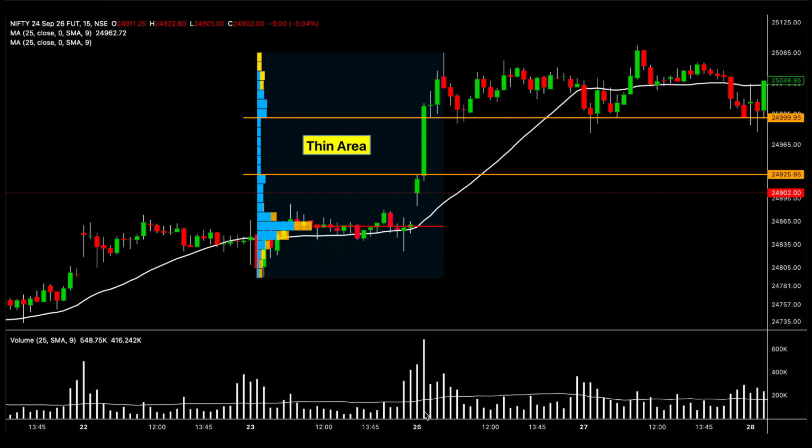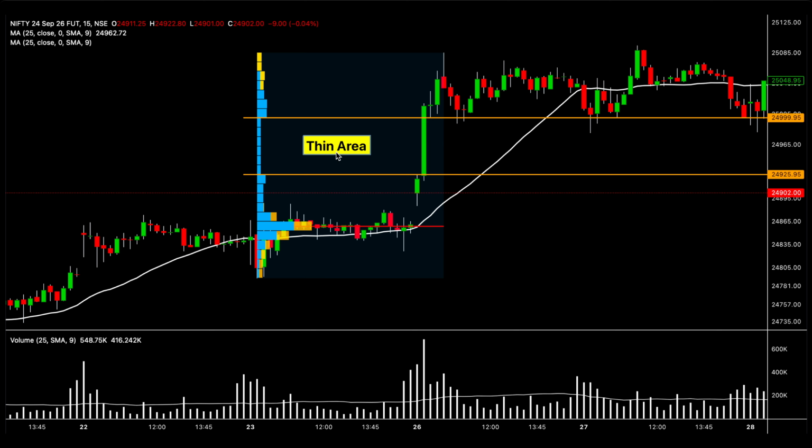Vertical volumes tell you how much trading activity has happened at a particular time point, so they are based on the time period. But the horizontal volumes are based on the price point or price region. So how much trading activity has happened at this price point, at this price point, and so on.